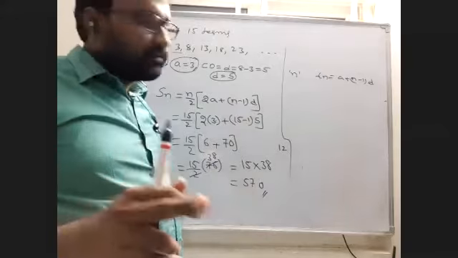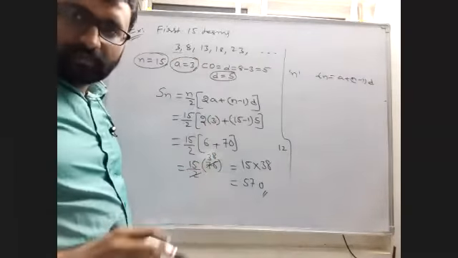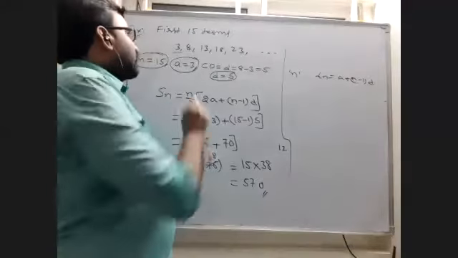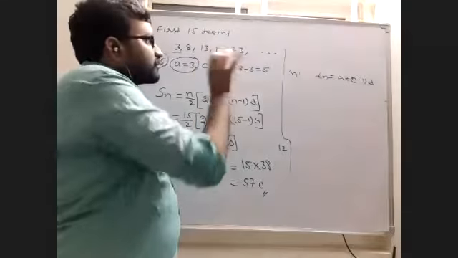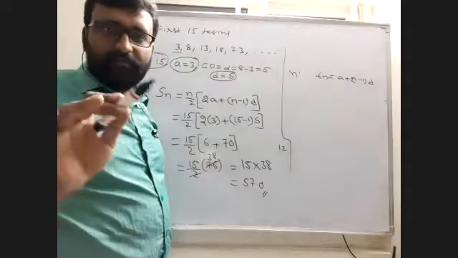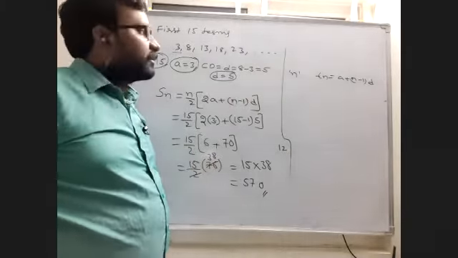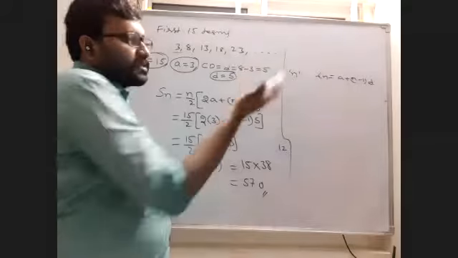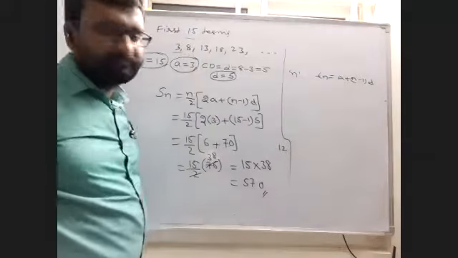See, in an arithmetic progression, the first term should be there, the common difference should be there, the last term should be there, the number of terms should be there. This is actually a series. Here the last term is not given, but the number of terms is given.